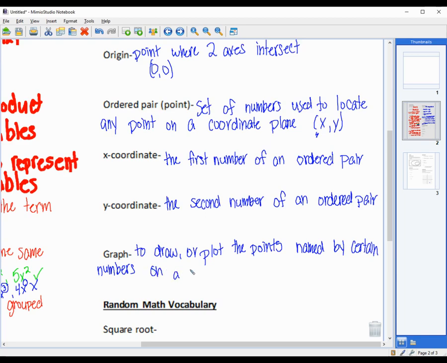So to draw or plot the points named by certain numbers on a coordinate plane.